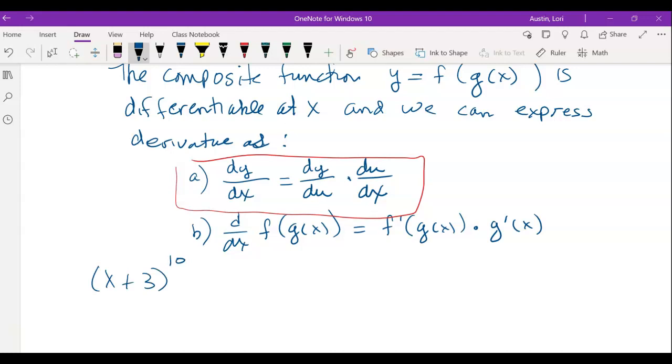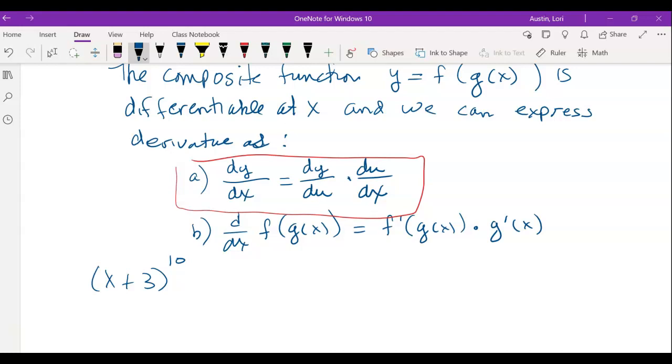The key with using the chain rule is identifying the composite functions, the function inside another function. So you've got an outer thing that's happening here. Something's being taken to the 10th power, right? And if that something was a single variable, we could just use our power rule, correct? Does that make sense?